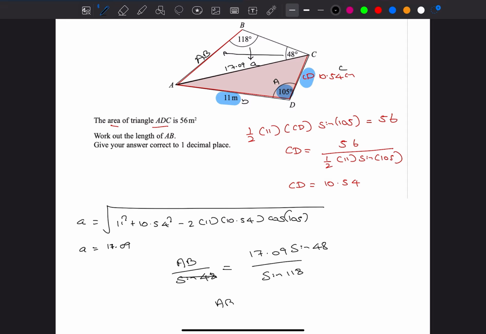And what does AB become? 14.4, 1 dp, centimeters. That's the answer.